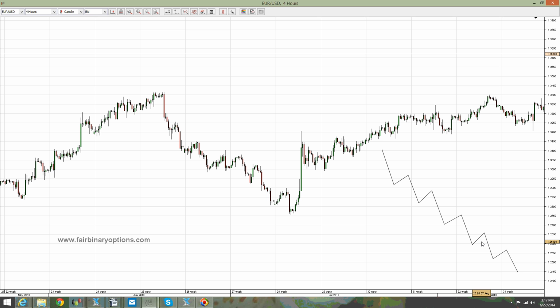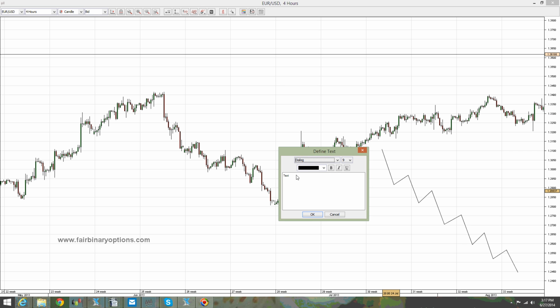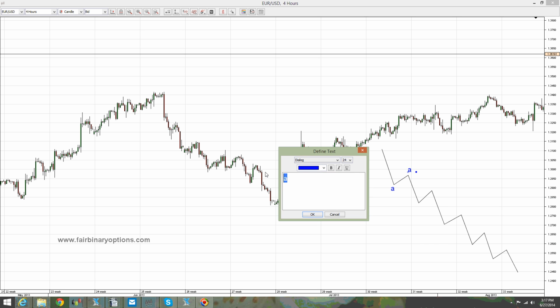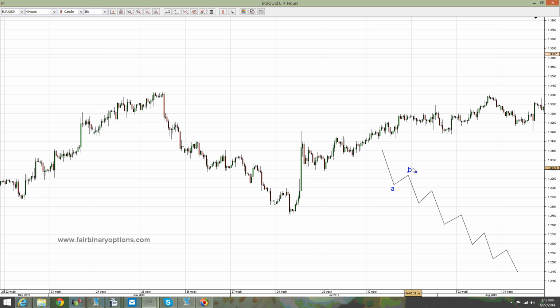In terms of Elliott waves, it should be labeled with letters and letters only, because letters show the corrective type of wave. So this should be labeled as wave A, this should be labeled as a B wave, and this is a C wave.